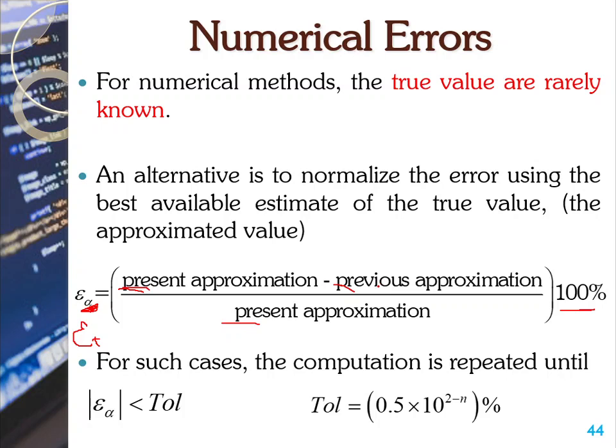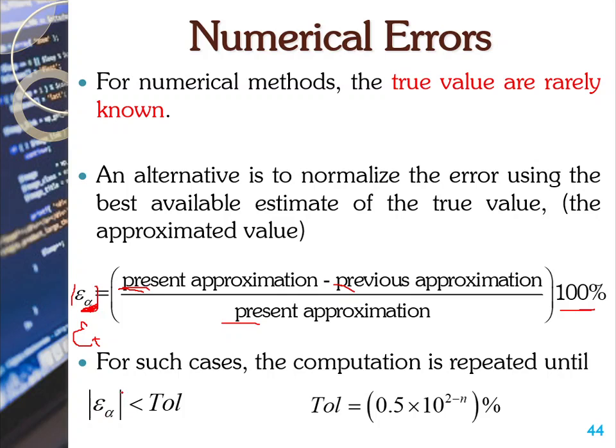Now, in numerical methods, we don't really dwell so much on these signs. So for us to do away with that, we are just interested in the absolute value of the error. And in most of these cases, after estimating the error, that is this error alpha, we are going to find its absolute value. And that is what we have here.